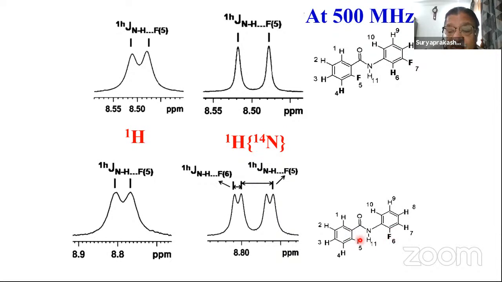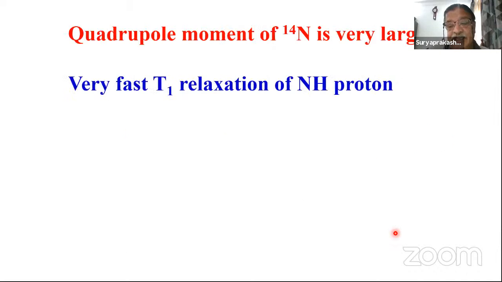As a consequence, we were not seeing this FH coupling at all. But now in our experiment, when I did the N14 decoupling, I get doublet of doublet. One separation gives me J coupling between this and this. Other separation gives me J coupling between this and this. So very beautifully, I can see this one.